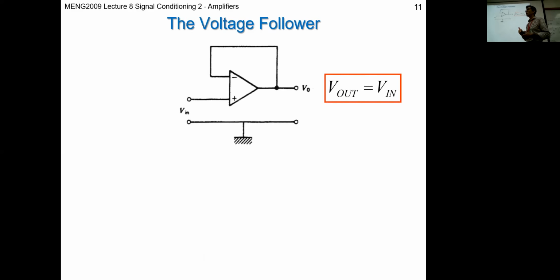What it can do is allow you to separate out your sensor from your amplifier circuit. And the characteristic of your op amp on the input side, between these two poles, is very high impedance. So we put a device in the circuit with the sensor on this end that has a very high impedance input.